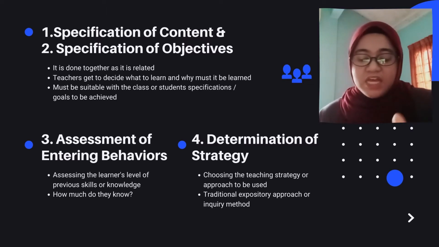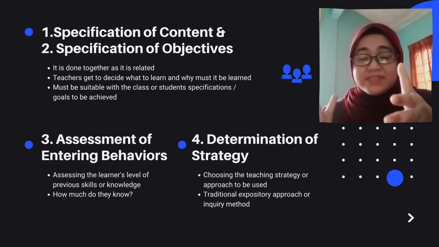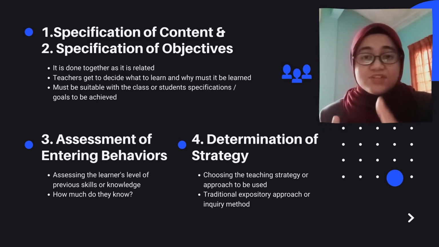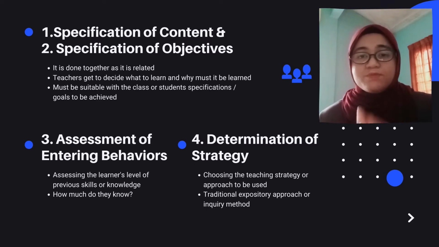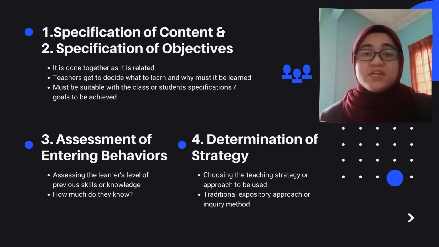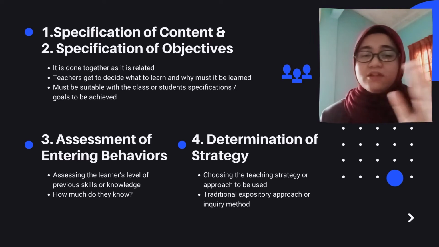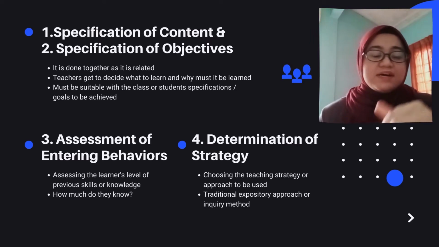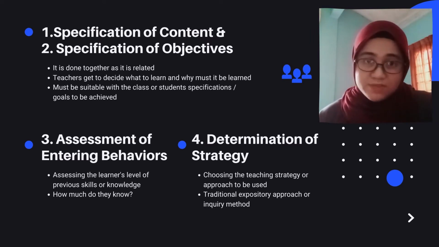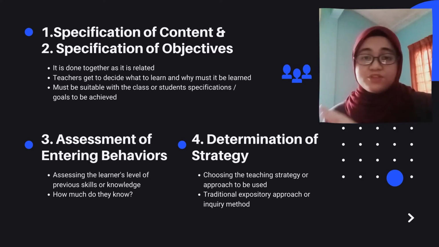For example, if the students attend your class for English grammar, then all you need to do is provide the knowledge and information about English grammar. You cannot mix it with any science or math related subjects. Okay, so that's the first two elements.